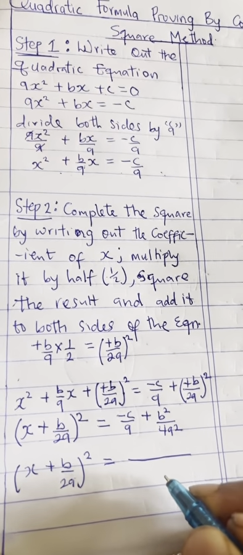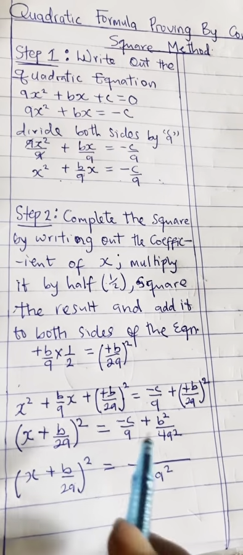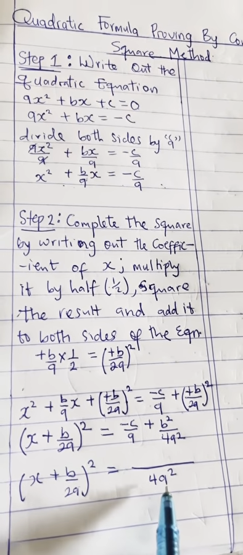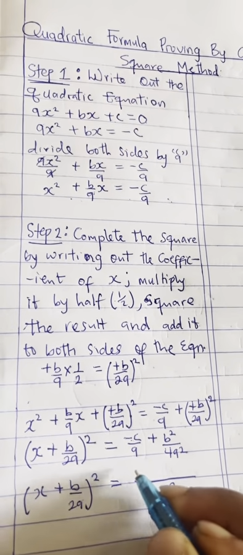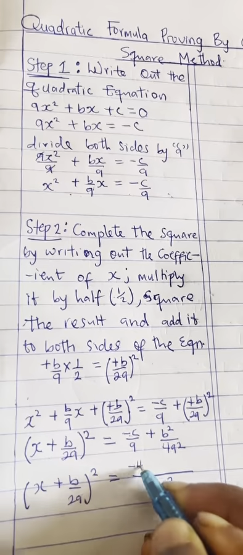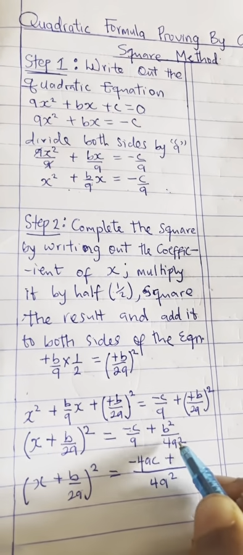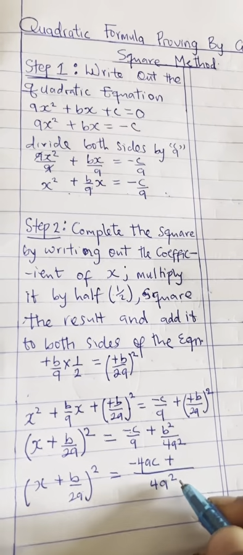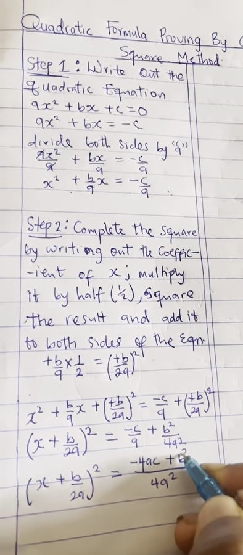Removing a from 4a squared, it will remain 4a. I use that 4a to multiply this minus c, and I will get minus 4ac plus, removing 4a squared from 4a squared, it remains 1, so 1 times b squared, that is b squared.